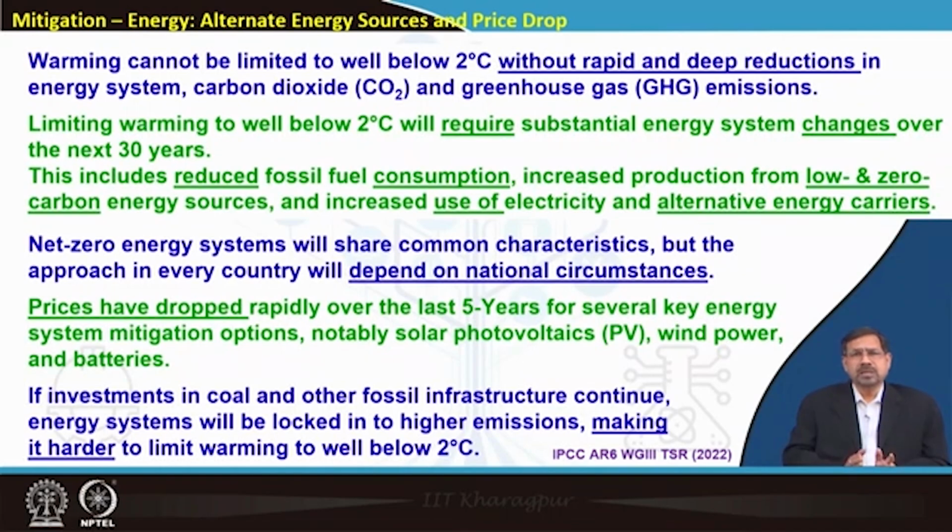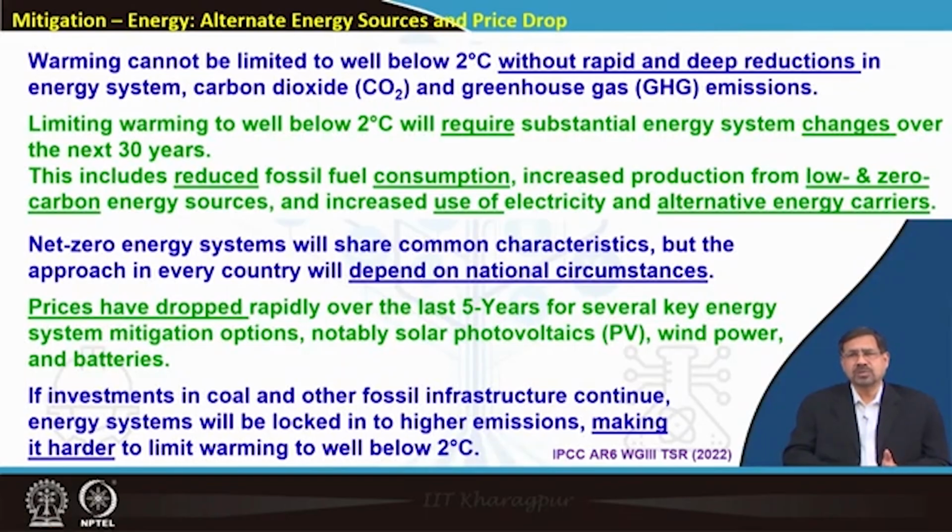So, first thing, we need to reduce or almost do minimal consumption as far as fossil fuel is concerned. Second, we need to increase the production of low and zero carbon energy sector and increase the use of electricity and alternate energy carriers.